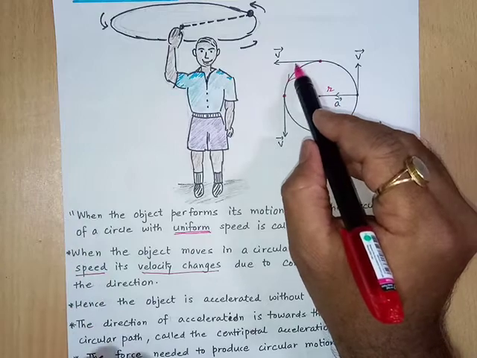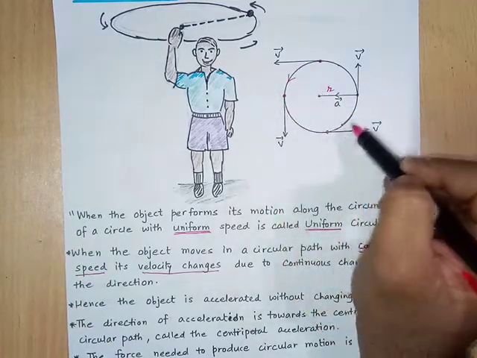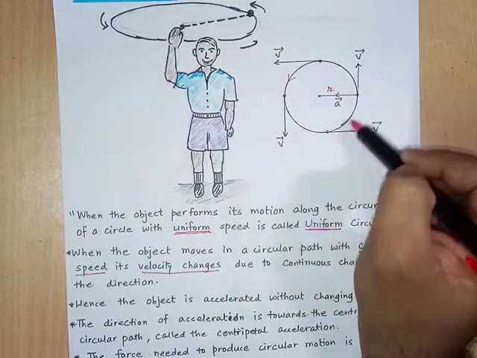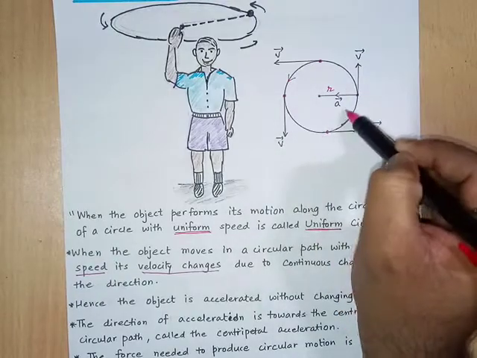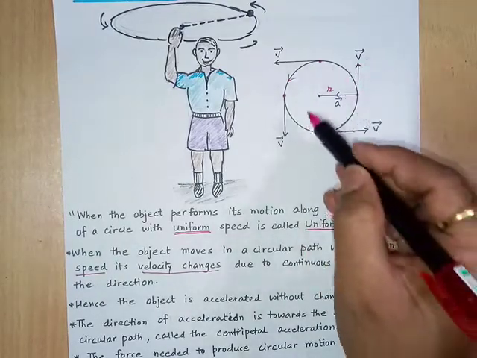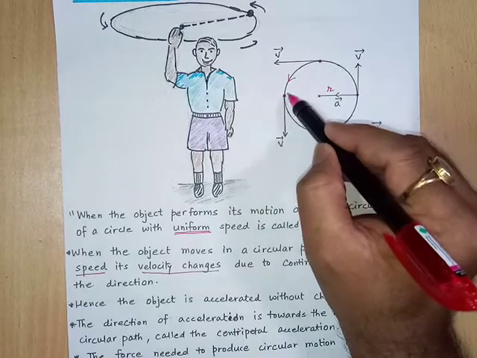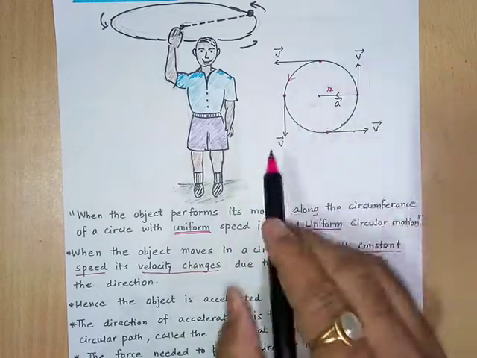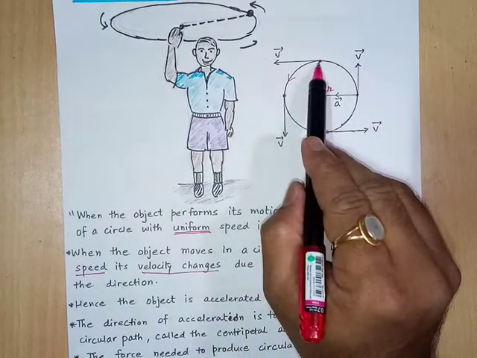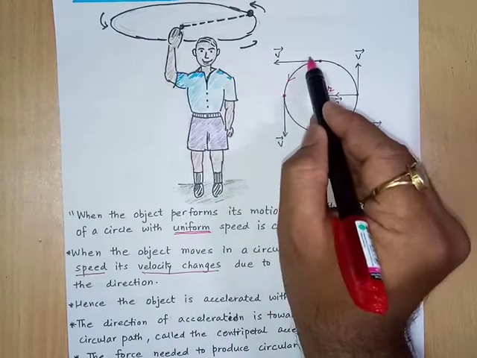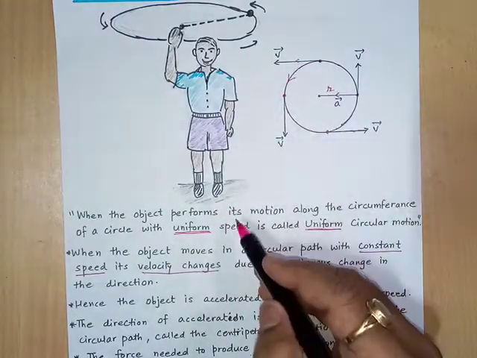If you consider the different positions of the particle or object in this entire circular path, you will find that from every changing position, the direction of the velocity also changes. If you consider the object at this position, the direction of the velocity will be in this direction.